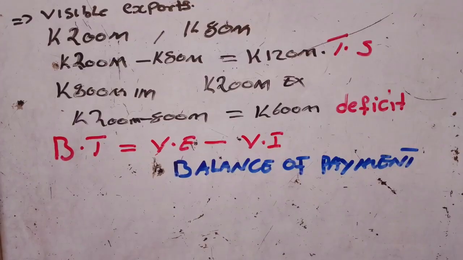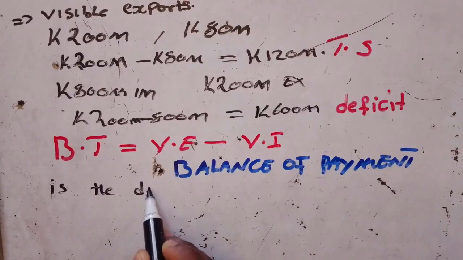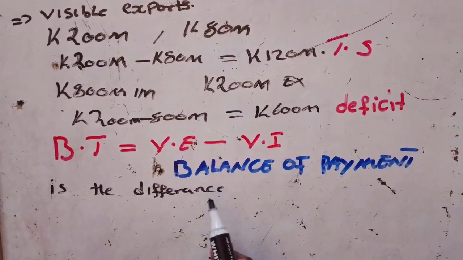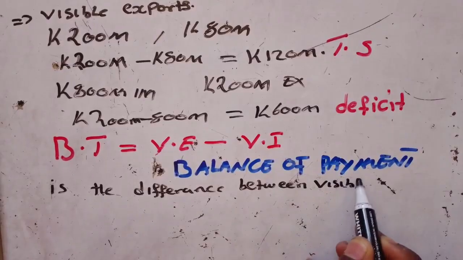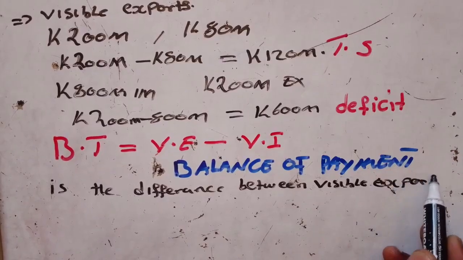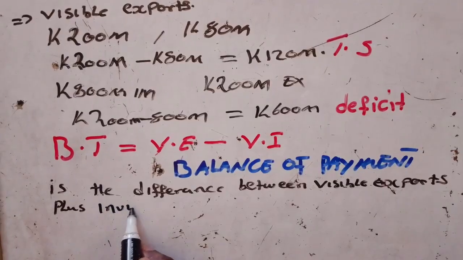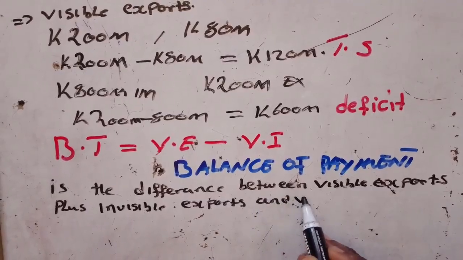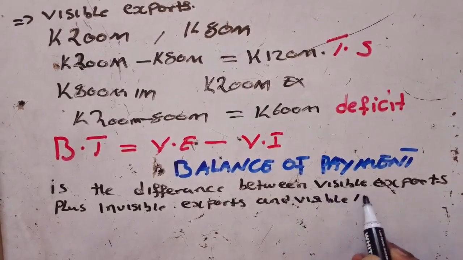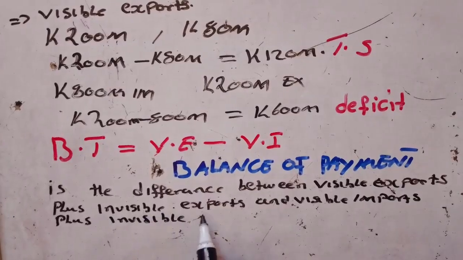Balance of payment is the difference between visible exports plus invisible export and visible imports plus invisible imports.